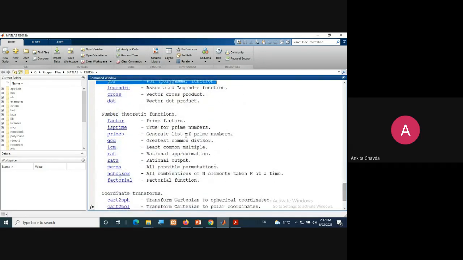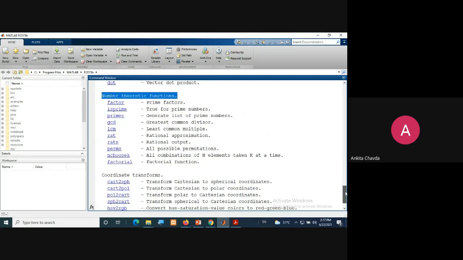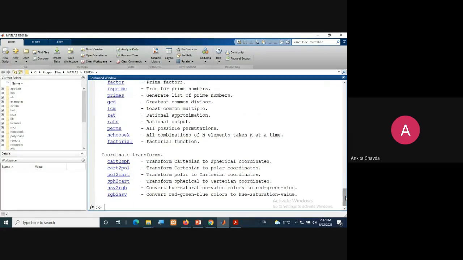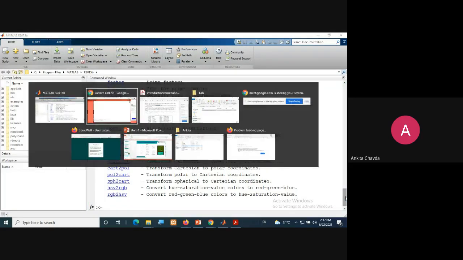Then the number theoretic functions: isprime, primes, gcd, then lcm. You don't have to apply logic, you just need to use the built-in functions. That's it.